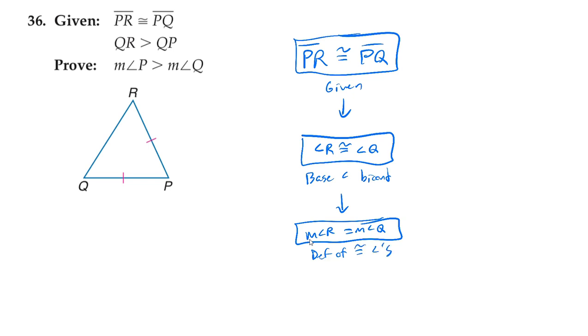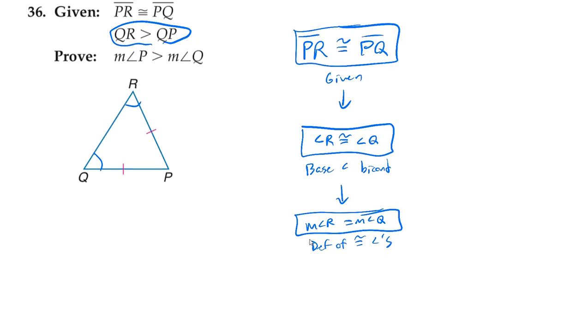Okay, so now that these angles are the same, and we're given that this is bigger than this, well, how are we going to use that to get that the angles are bigger? Well, let's use this over here to say, well, we're given QR is bigger than QP. That was given. And then we could use that like law of sines, right?